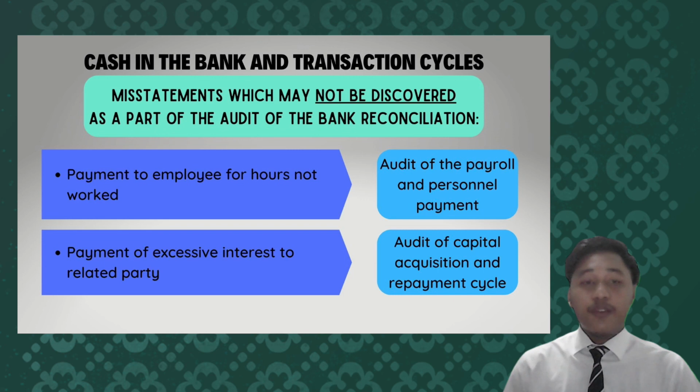Payment to employees for hours not worked. The auditor will not find this type of misstatement when auditing the bank reconciliation because it will be found in the audit of the payroll and personnel payment cycle. Lastly, the payment of excessive interest to a related party. This type of misstatement can be found in the audit of the capital acquisition and repayment cycle.